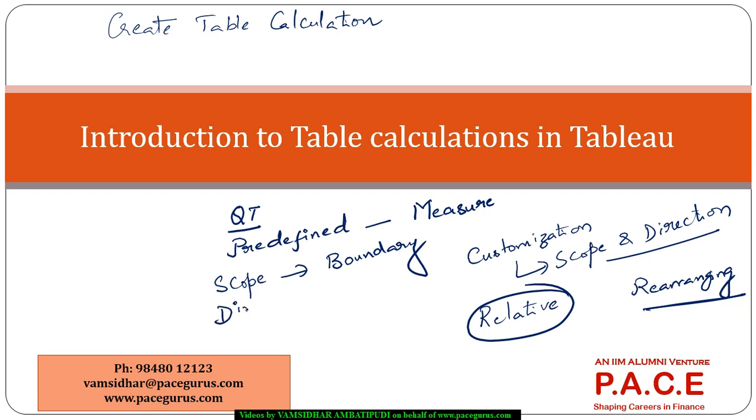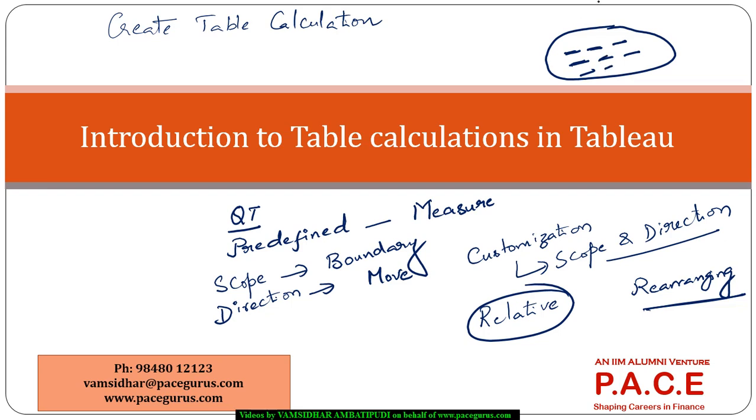And within that particular scope, in what direction does the table calculation have to move? What is the scope where the table calculation is applied, and within that scope, what is the direction? Will it move across like this or will it move down like this?